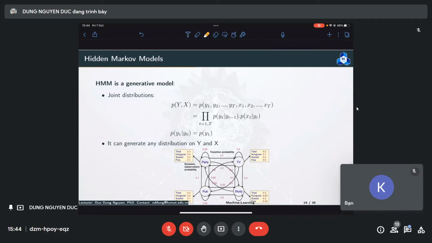Then what to do next? You can gather the data from your employees. You can observe, okay, yesterday we did coding. What did he show up as today? Maybe he is so tired because of coding, or he feels so bad, so depressed because yesterday he had a meeting with a customer, something like that.